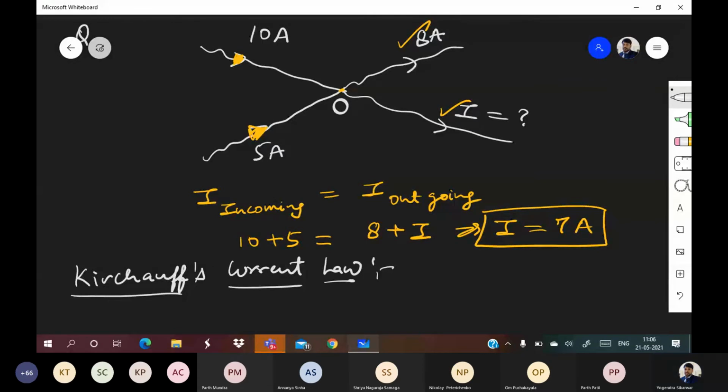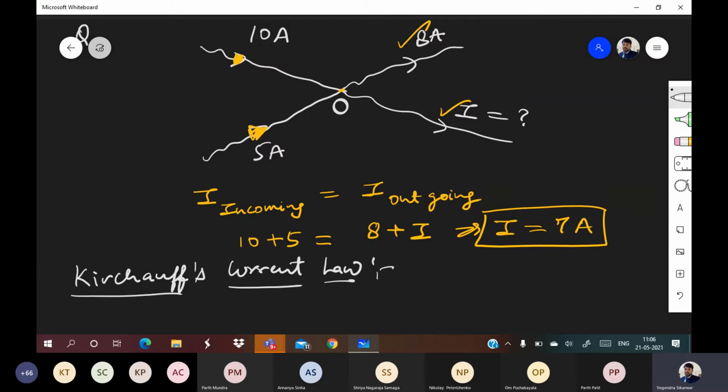Please note, Kirchhoff gave two laws to simplify electrical circuits. One is called Kirchhoff's current law and the second is called Kirchhoff's voltage law.